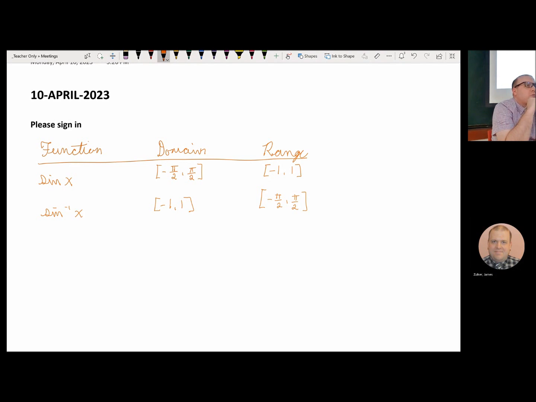However, 5 pi over 4 is also an angle. That's the quadrant 3 angle. And maybe that's the angle we want. So you actually have to look at the problem and not just blindly rely on your calculator.